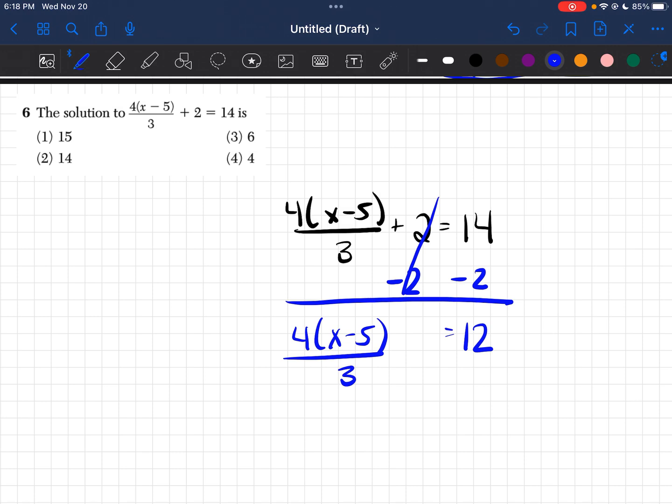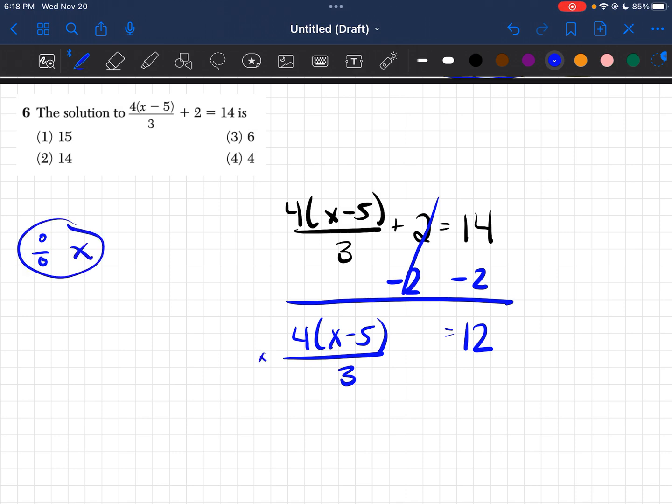Now I'm going to keep using my inverse operations to get x by itself. So right now I can see that x is here, and it currently is being divided by the number 3. So the opposite of division is multiplication.